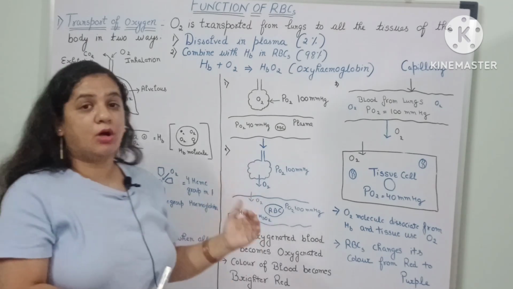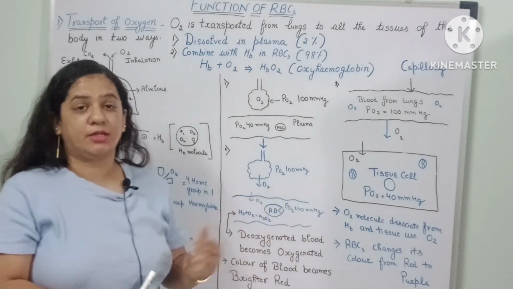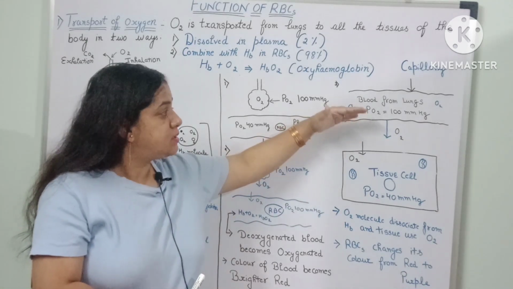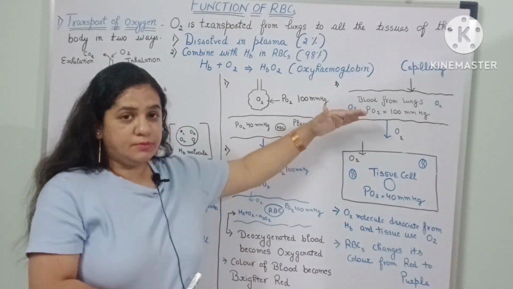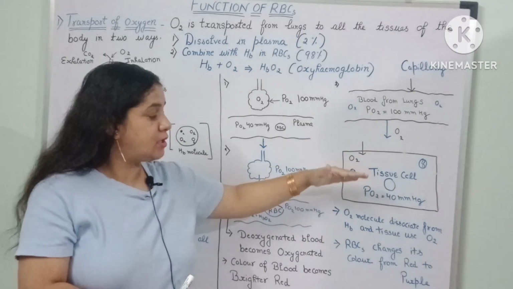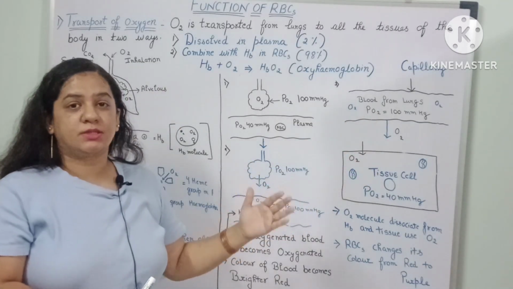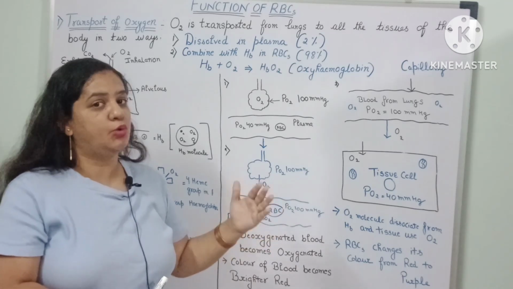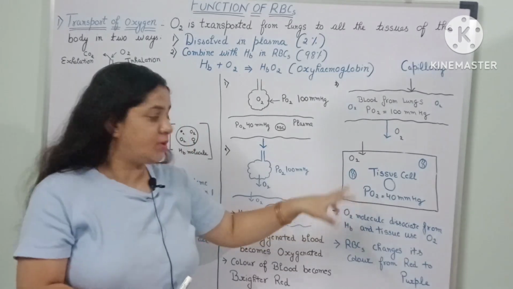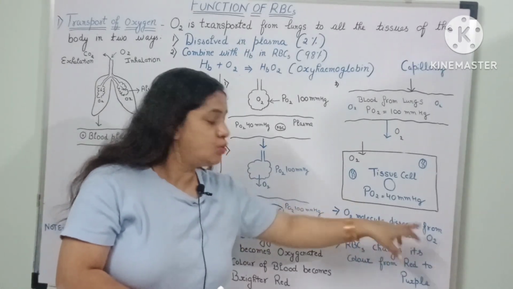So again diffusion happens from higher concentration to lower concentration. Oxygen will transfer from the red blood cells to the tissue cells, and the tissues take oxygen from the hemoglobin and utilize it for energy. So oxygen molecules dissociate from the hemoglobin and tissues use the oxygen.